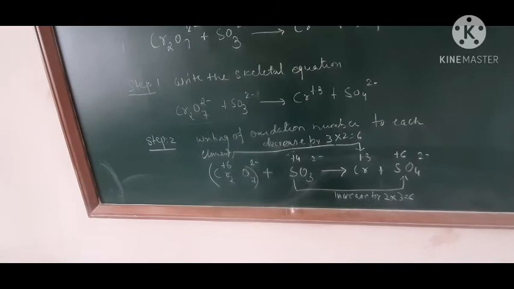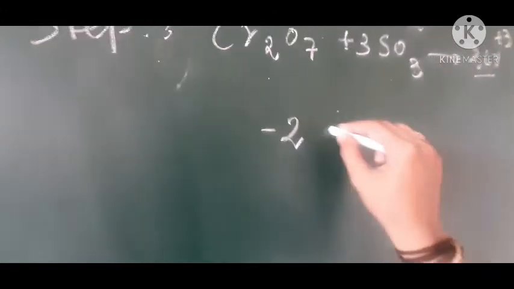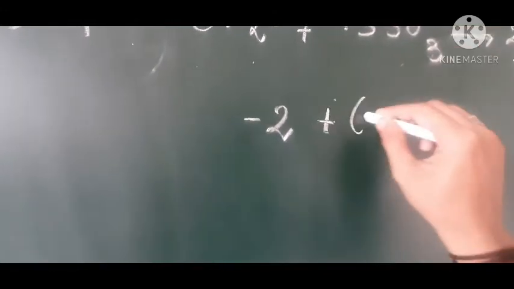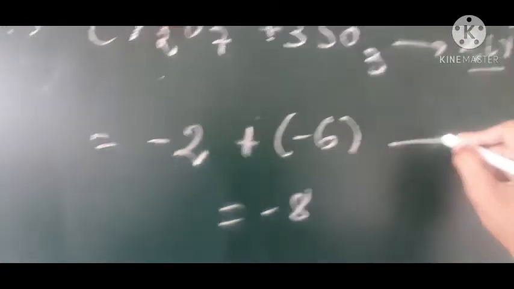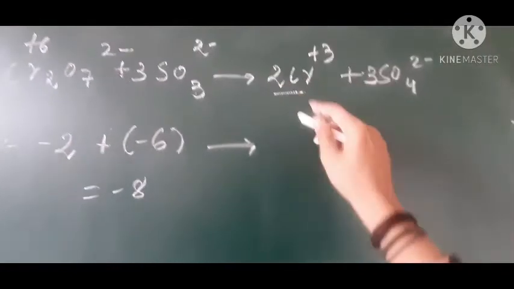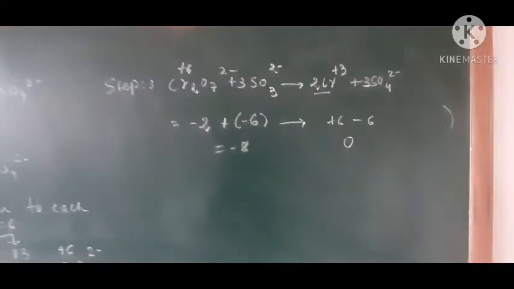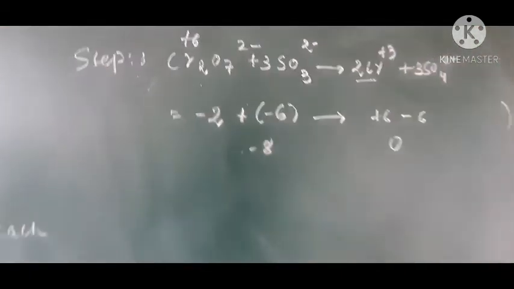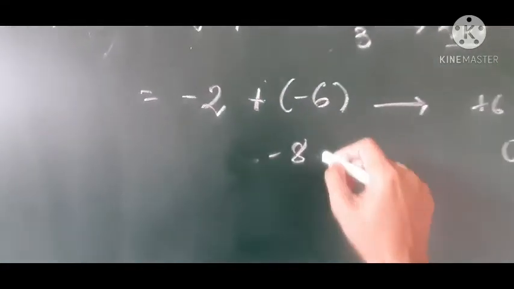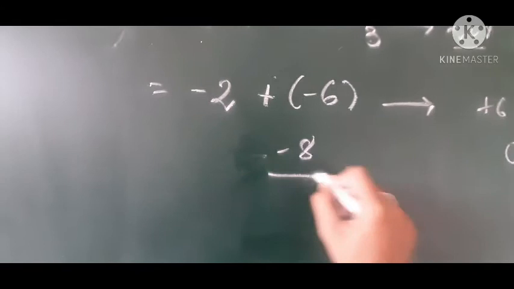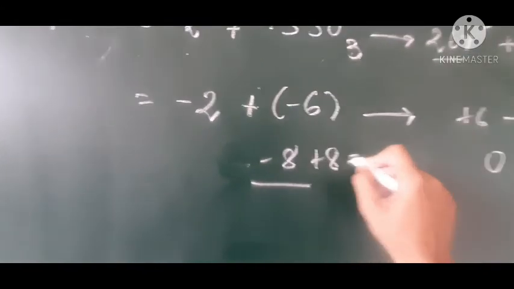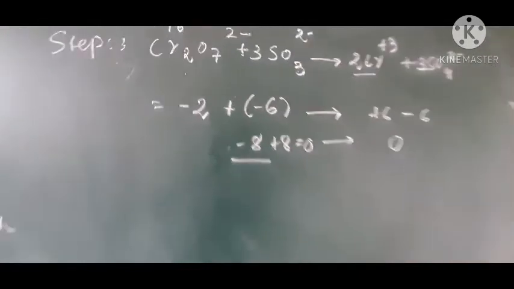Now we are balancing the net charge. Net charge is -2 plus 3 2s are -6, so the overall net charge is equal to -8, and over here when we find +3 2s are +6, the net charge here is 0. So what we have to do is: we have -8 here and 0 here, so when we add plus 8, it will become equal to 0 on both sides.